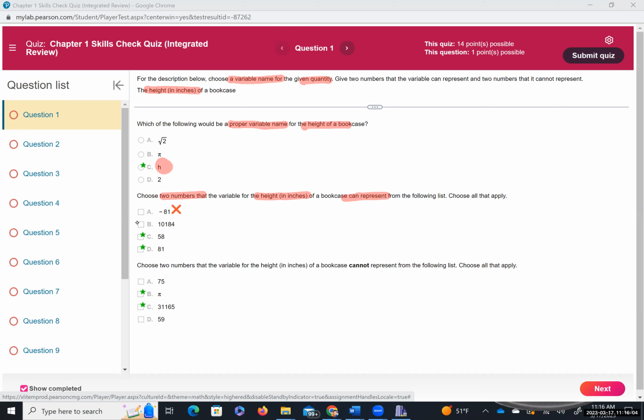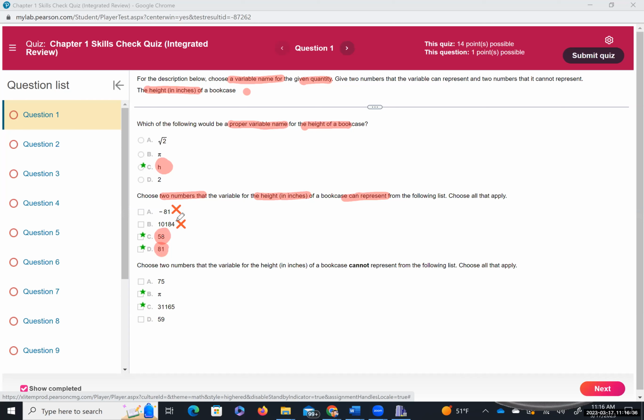You will not have a height of a bookcase with a negative number. Secondly, 10,100 will not make sense if you think about a bookcase that's too high. So that's the reason why we will have to choose 58 or 81 as the answer for this case.